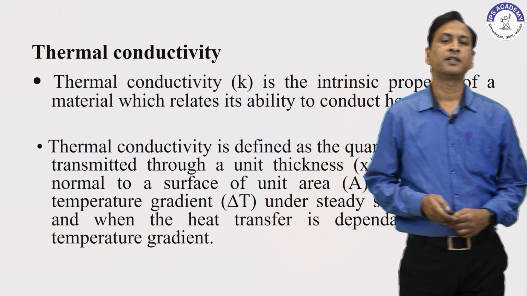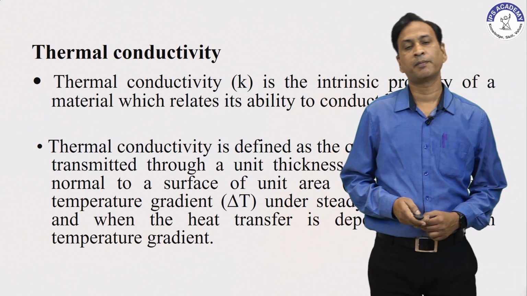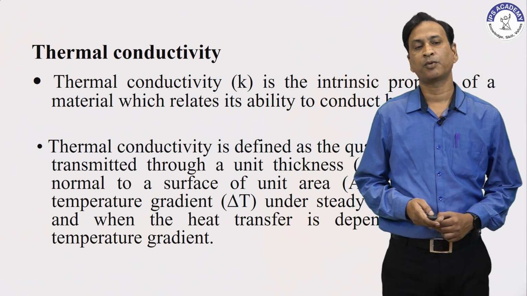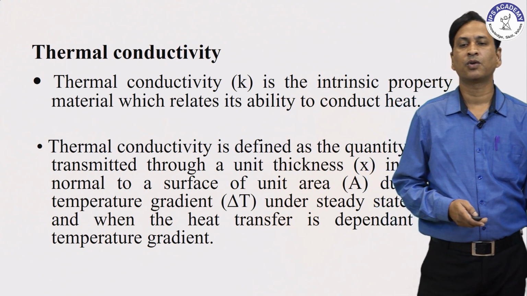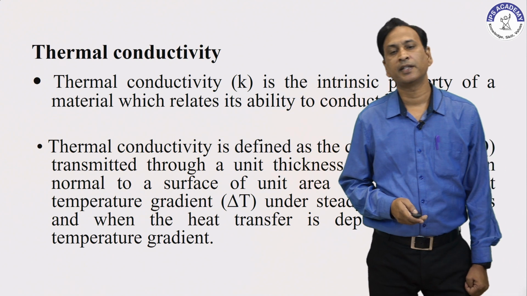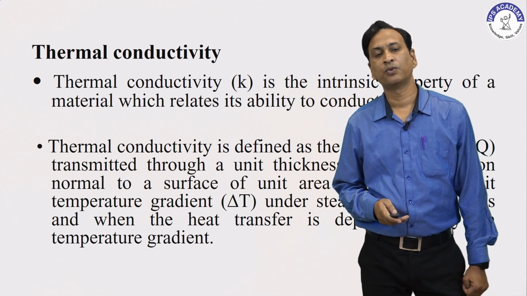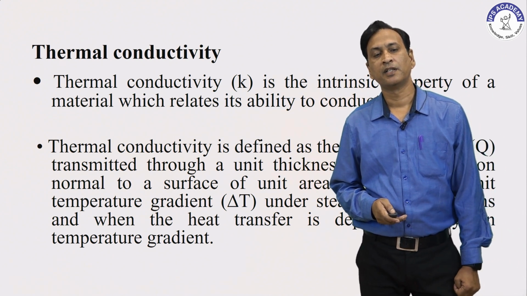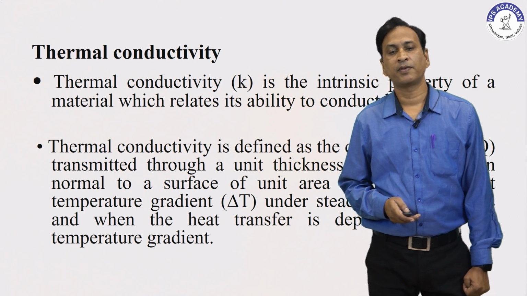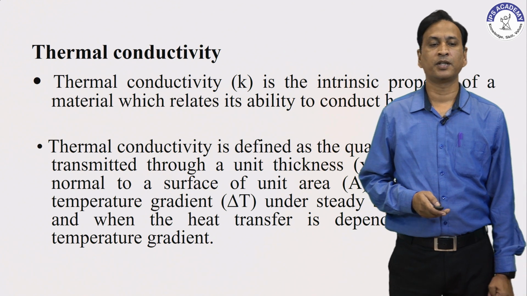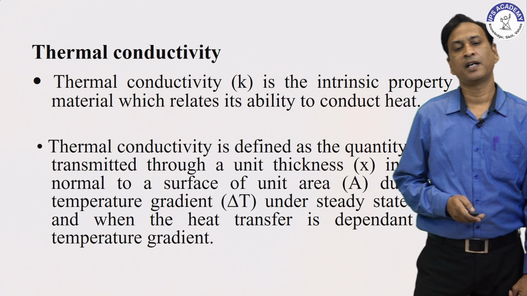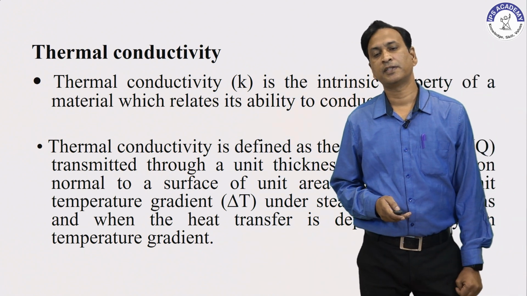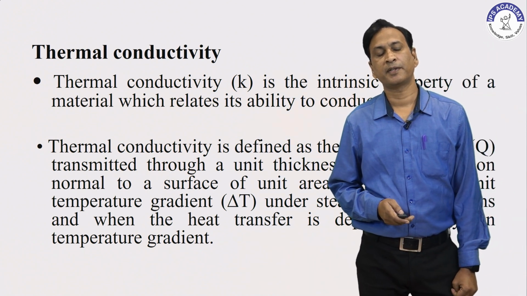Thermal conductivity, denoted by capital K, is the intrinsic property of a material which rates its ability to conduct heat. It is defined as the quantity of heat Q transmitted through a unit thickness x, in a direction normal to a surface of unit area A, due to a unit temperature gradient dT under steady state condition, when the heat transfer depends only on the temperature gradient.